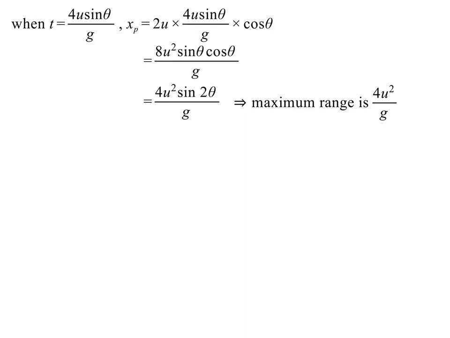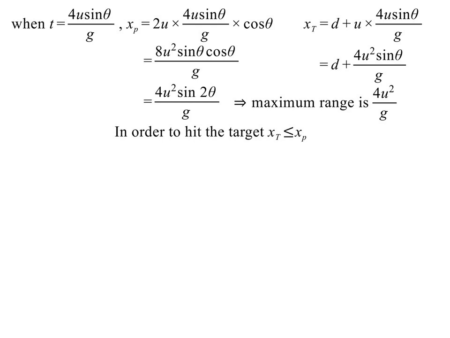Now, don't set yours out like this. I just did it so it fits on one slide. I've now worked out the horizontal position of the target, because remember the target is moving. So sub in 4u sine theta on g into that, and we get d plus 4u squared sine theta on g. Now, in order to hit the target, the displacement of the target must be less than or equal to the displacement of the projectile.